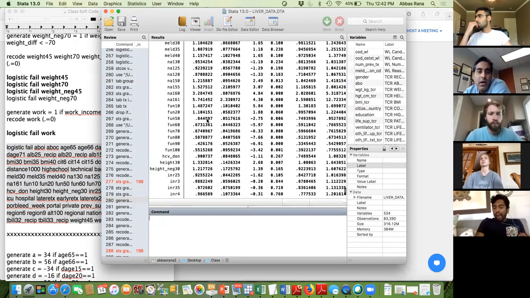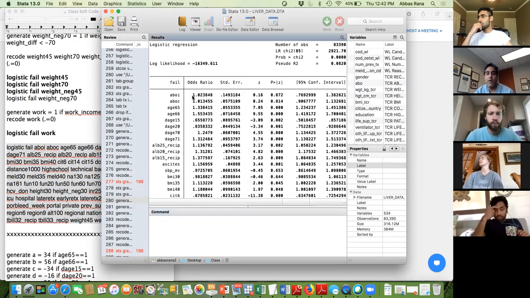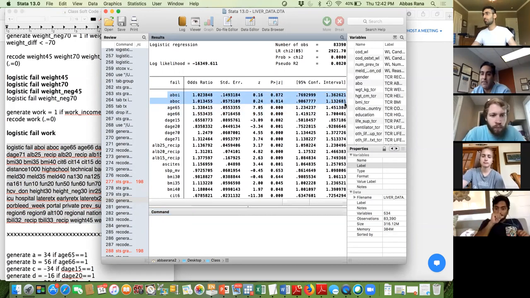So now we have ABO-I, ABO incompatible, and ABO compatible, which were both significant in univariate, are not significant in multivariate. So that shows you that they were linked to other things, and sometimes it may not be true. Reality is different from what the numbers show, right? The numbers show associations.